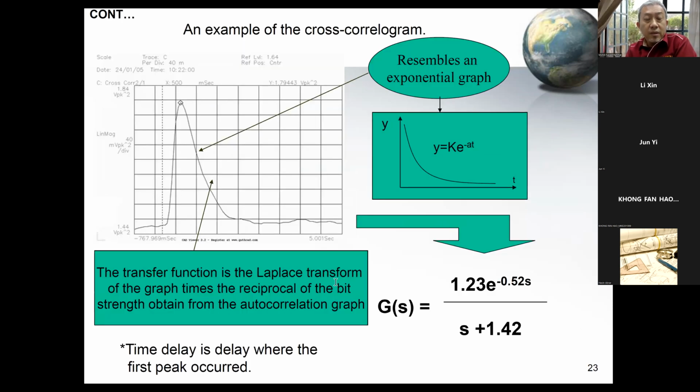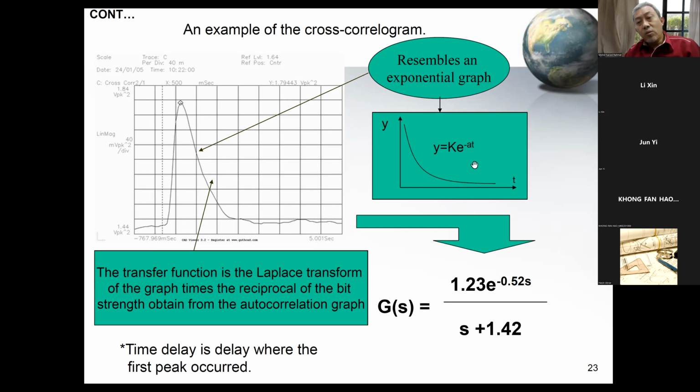And this is the correlation between the input and the output, the PRBS input and the output signals. You can see that we have an impulse there, like an impulse.